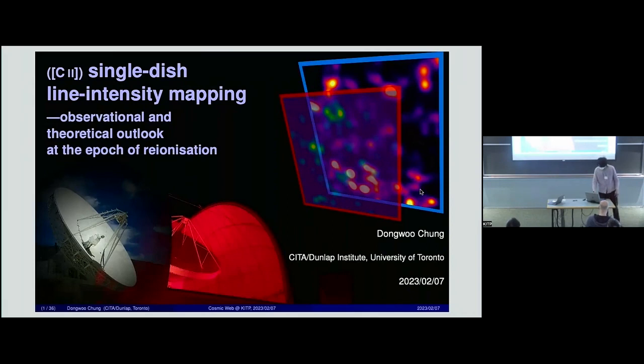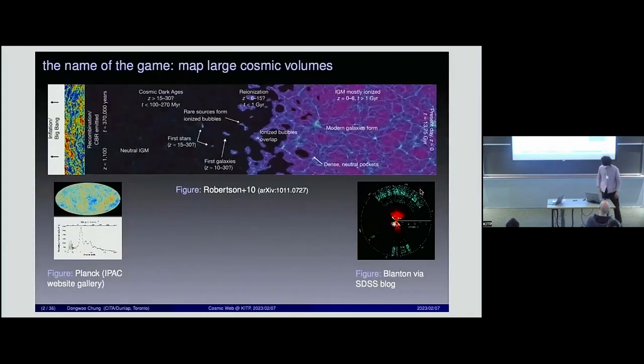And I think maybe it's good to start with the name of the game, which is we really want to map large cosmic volumes. We do this with the initial condition of the universe, of course. We map the entire CMB across the whole sky quite explicitly. And then, of course, we map the cosmic web locally through large areas through these spectroscopic surveys like Sloan and now DESI coming up.